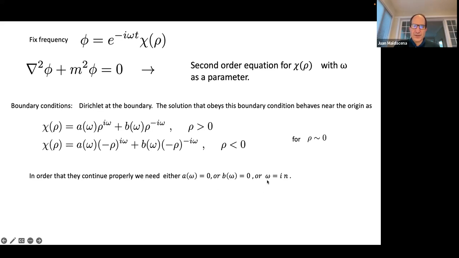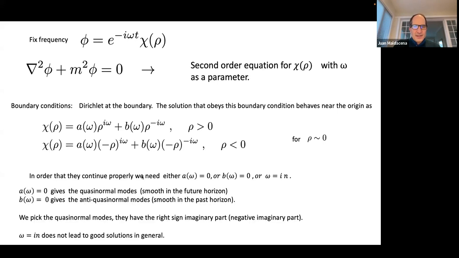One way to obey it would be to say that omega is equal to i n, for example. Then this would be an integer and it will continue fine. If not, then it will impose these conditions once we also take into account that there is a Dirichlet boundary condition at the boundary of AdS, for example. And so these conditions that A or B are 0 are the conditions that give the quasi-normal modes.